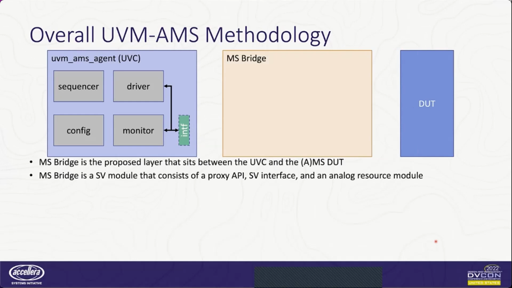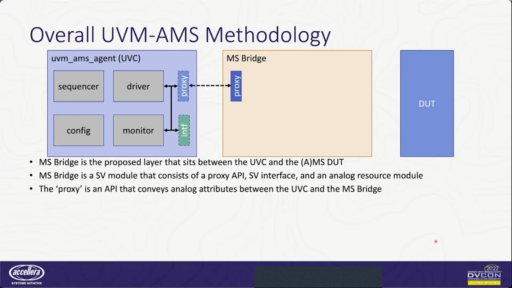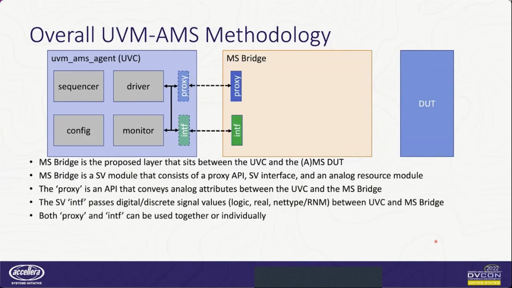This MS bridge is a SystemVerilog module that sits between the UVC and the DUT, and it consists of a proxy that allows you to use functions in the proxy to pass values from the driver to the bridge that can then control the generation of signals. It still consists of the interface that connects up to the UVC. So if there are discrete signals that are driven from the UVC, those will still be communicated in the same way through the interface.